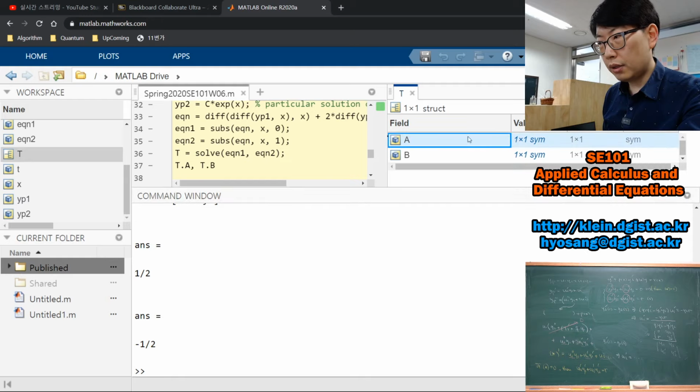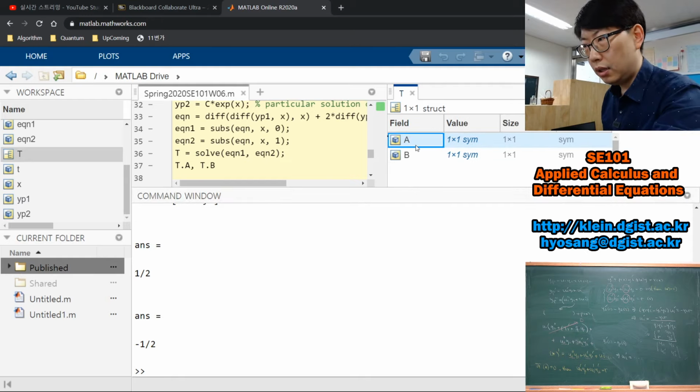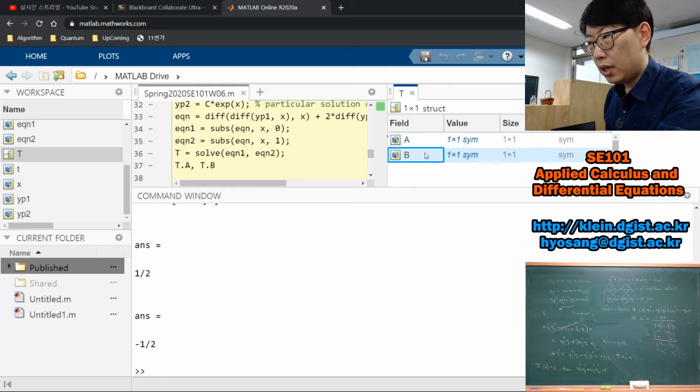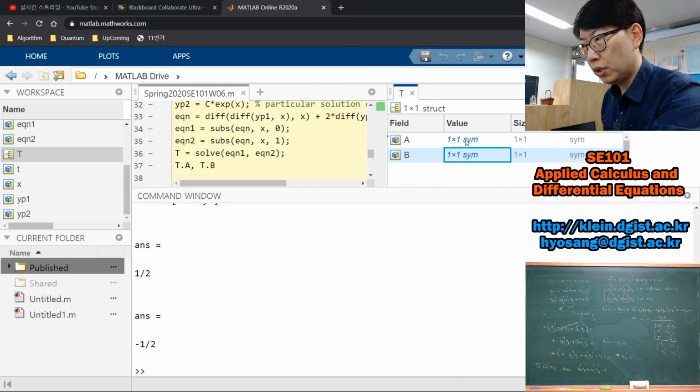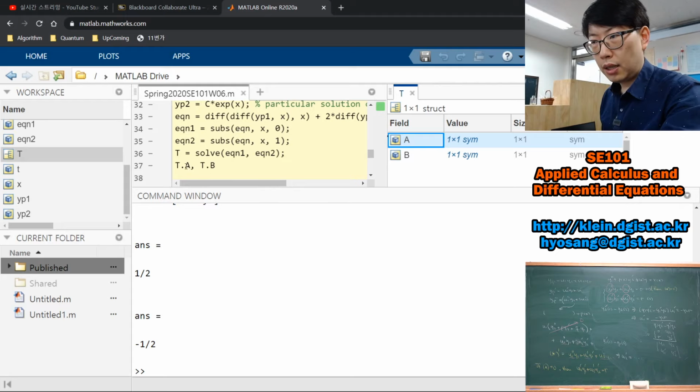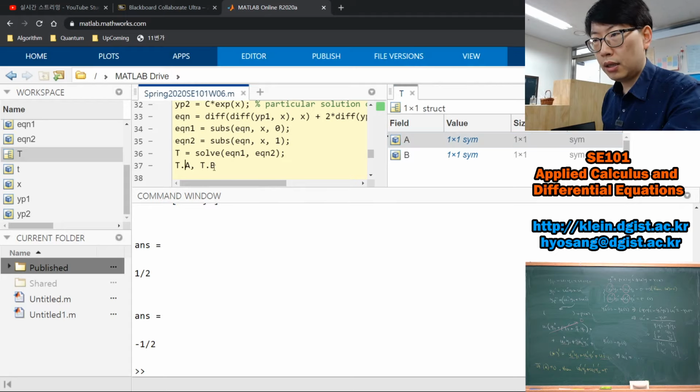here is the value of t. The content of t is there. It has two fields, a and b. Both a and b are symbolic values, so it doesn't give you the answer in this window. However, you can retrieve the value of a by taking t dot a and t dot b.